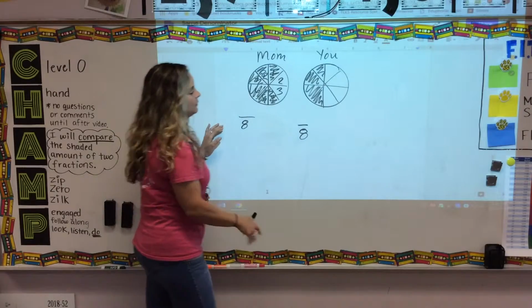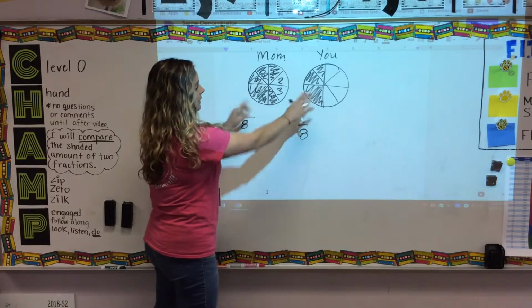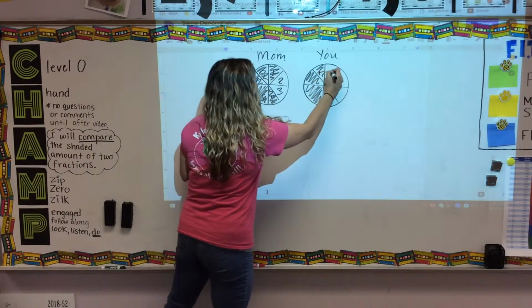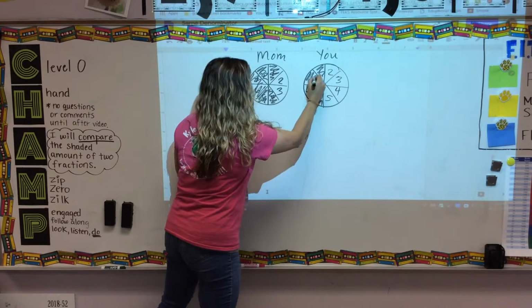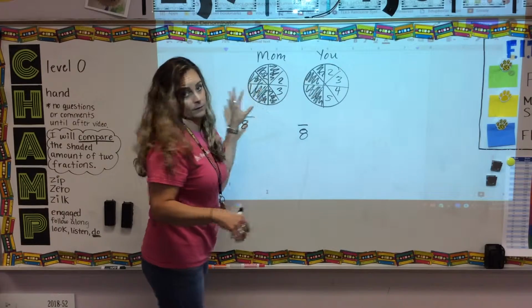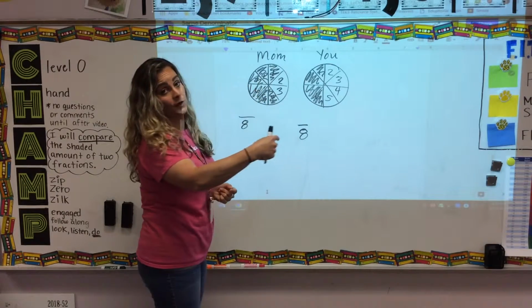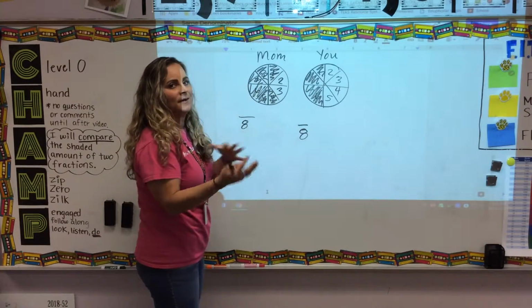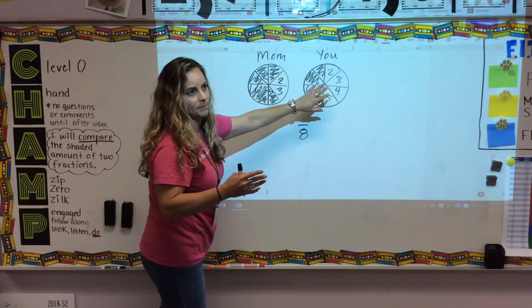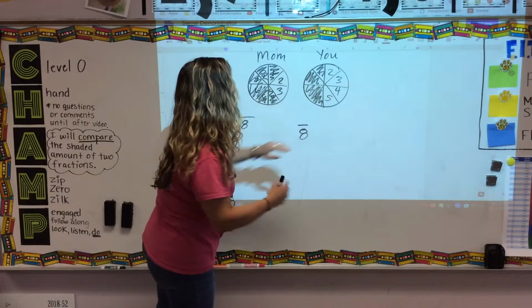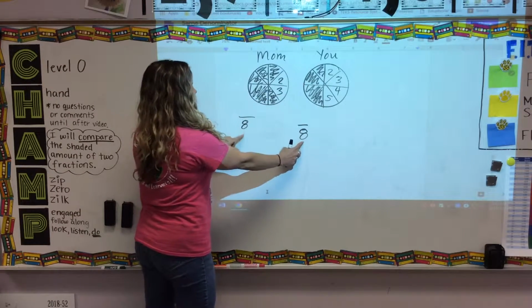So both our denominators are 8, so we have 8 for both pizzas. Because on Monday we'll talk about what you do if there were different amounts of pieces. So today we're just looking at common denominators.